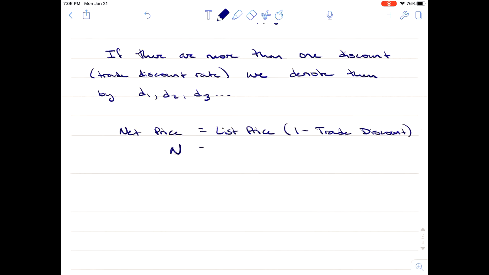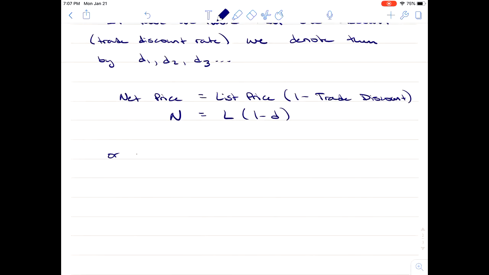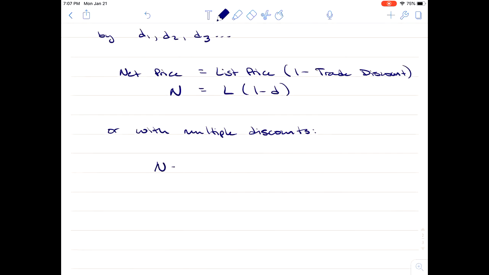So in terms of a formula, right, we've got N is L times 1 minus D. Or with multiple discounts, we've got N is L times 1 minus D1, 1 minus D2, 1 minus D3, blah, blah, blah, 1 minus D sub K. K can be any number, I should say.